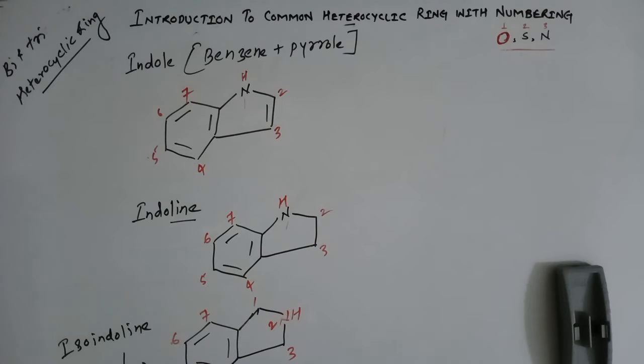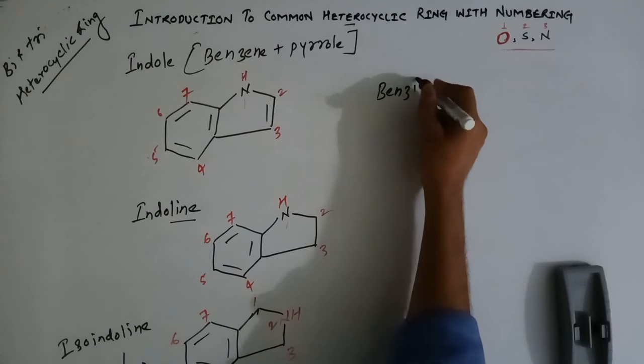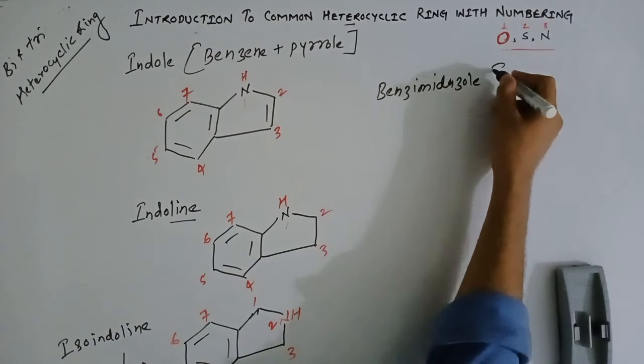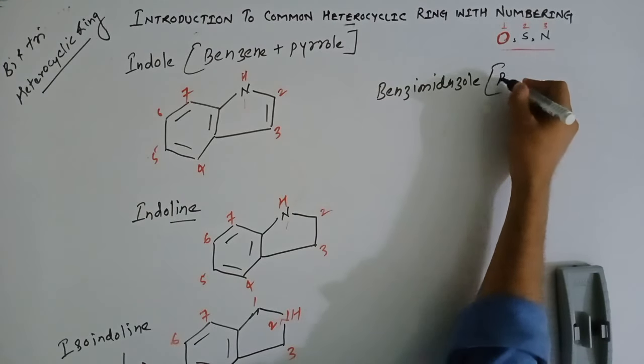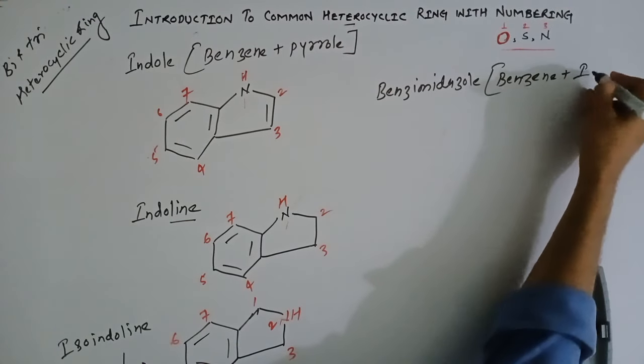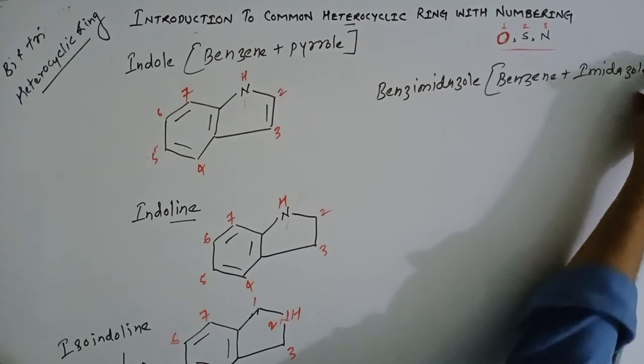The next structure is benzimidazole. Benzimidazole is made up of benzene plus imidazole.